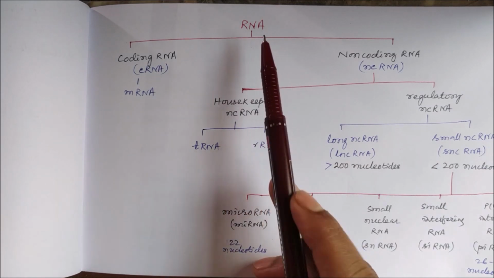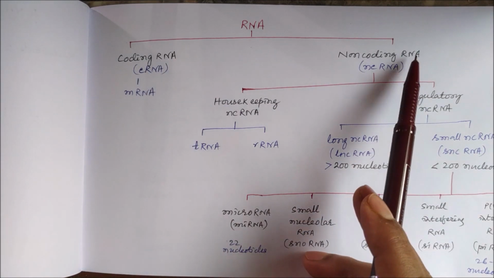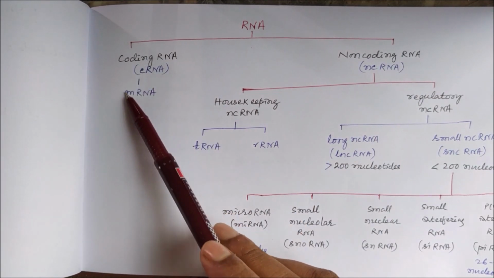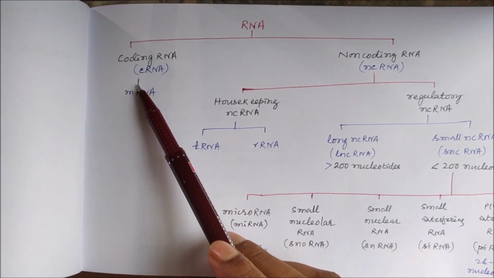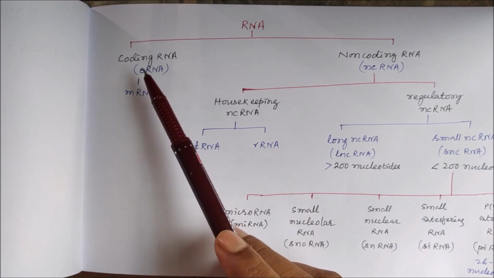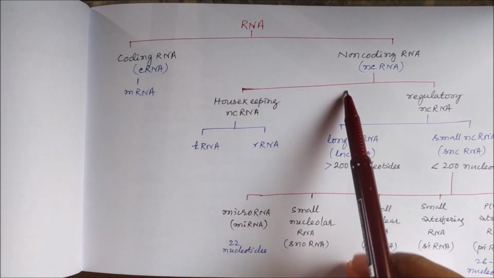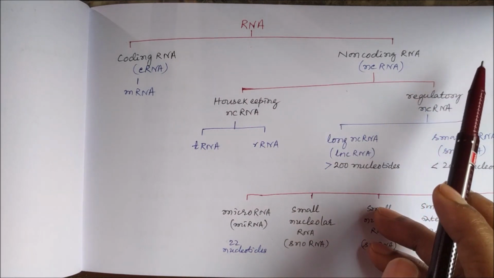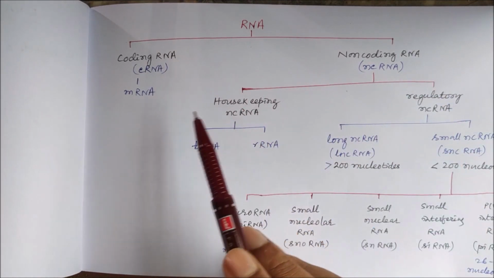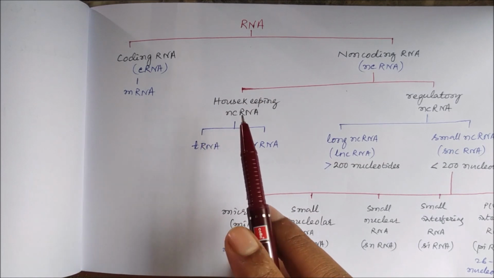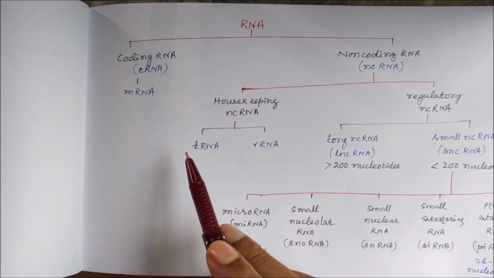So now we can classify RNA into coding and non-coding. Only in protein synthesis do they provide the code which is present with the DNA. That's why this is coding RNA, and the rest are non-coding RNA. They have nothing to do with the genetic codes provided for protein synthesis.